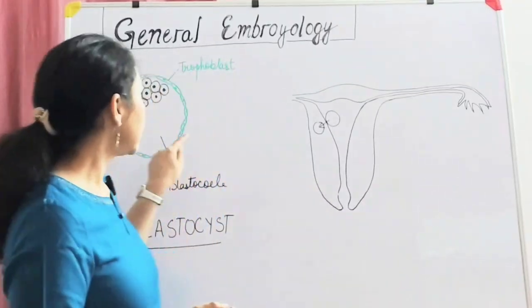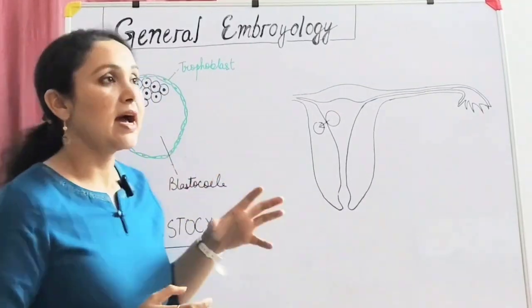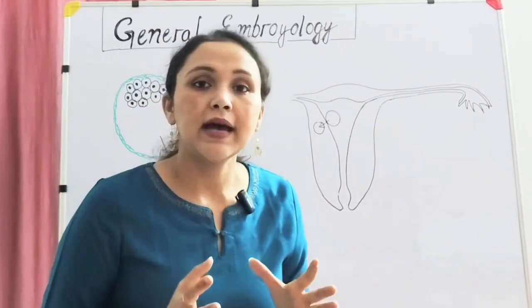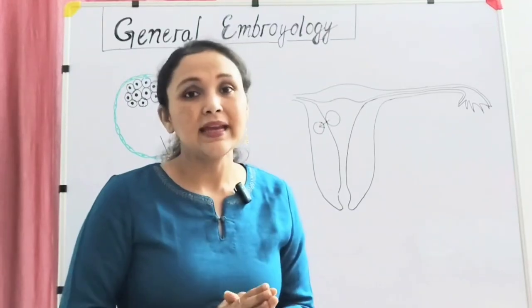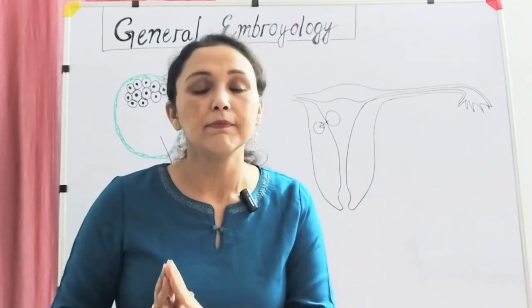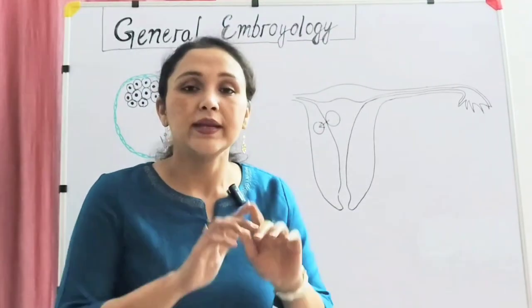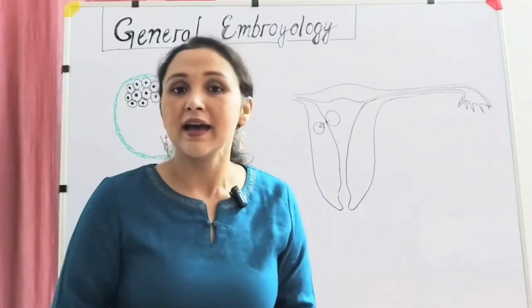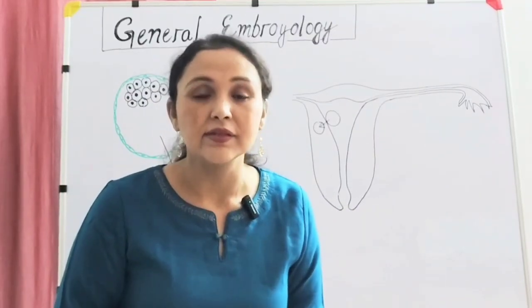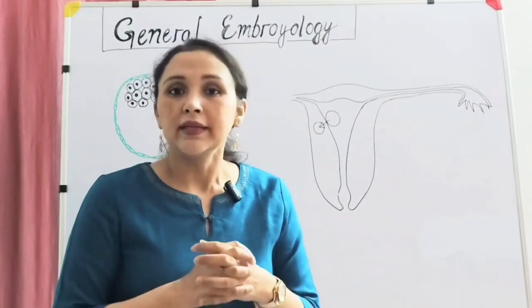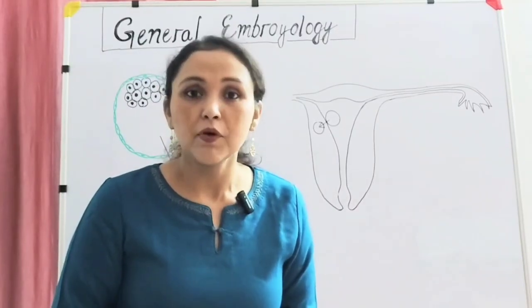But the zona pellucida around this structure lacks, we'll say it doesn't have, the histocompatibility antigens. So when the outermost layer doesn't have any histocompatibility antigens, it would not initiate any antibody response.